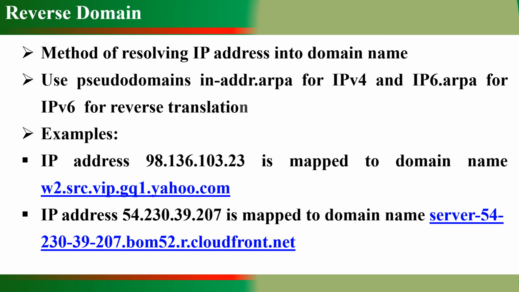So reverse domain is a method of resolving an IP address into a domain name. So we use the pseudodomains in-addr.arpa for IP version 4 addresses and ip6.arpa for IP version 6 for reverse translation.